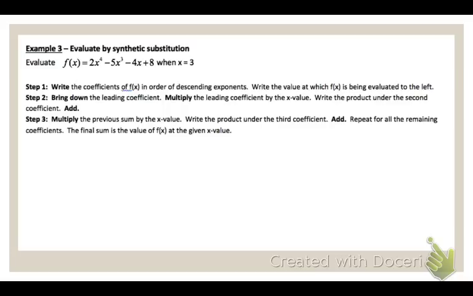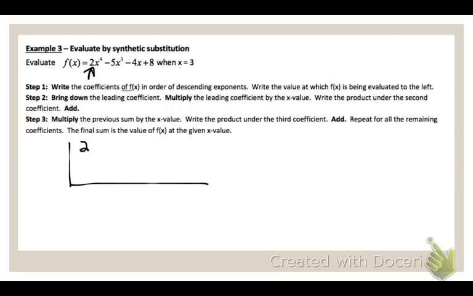So the first thing we're going to do is write the coefficients of the polynomial in order of descending exponents. So, and I'm going to make this little graphic organizer. It looks like an upside down long division sign. So my first term, it's in standard form, so I look at that, and it is x to the 4th with the coefficient of 2.